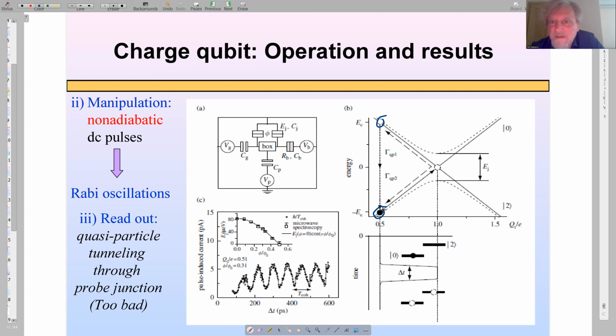It means that if you measure the current in the probe, we can understand what is the probability to be in these two states for a wave function. This probability is a result of manipulation, so it depends on the angle at which the wave function is rotated with its pulse.